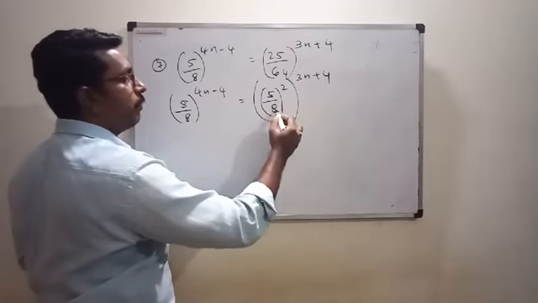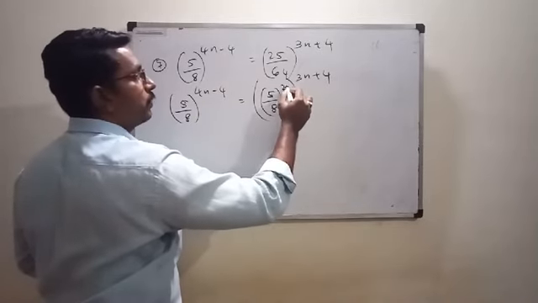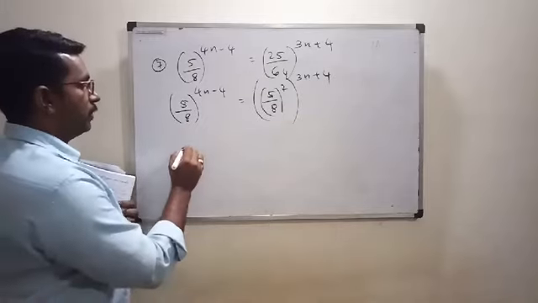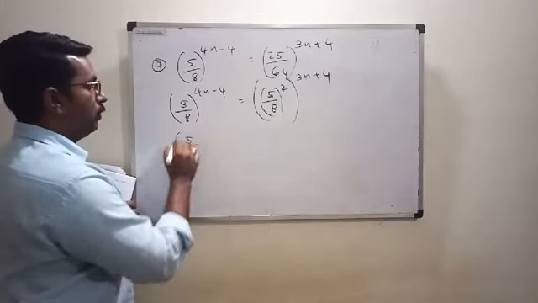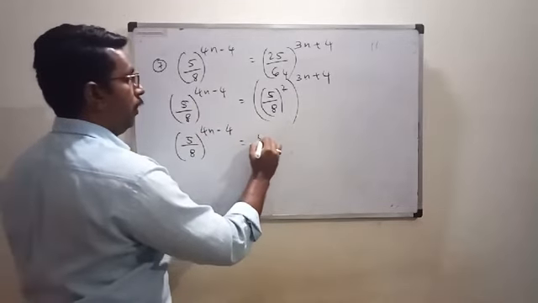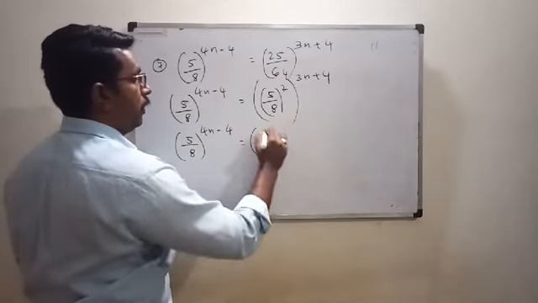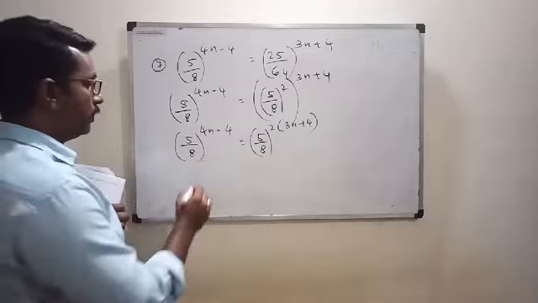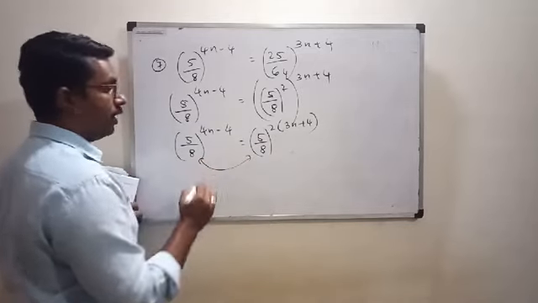But you see this one, (5/8) squared to the power 3n plus 4. Which law should be applied here? Power law can be applied. So (5/8)^(4n-4) is equal to (5/8)^(2 into (3n+4)). Now you see bases are equal.